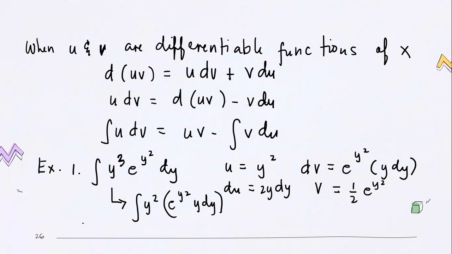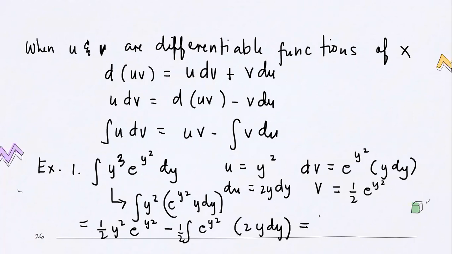Then we have equal to uv. Your u is y squared, your v is 1/2 e to the y squared. Therefore, we have uv, that is 1/2 y squared e to the y squared, minus the integral of v du, which is 1/2 e to the y squared times 2y dy.